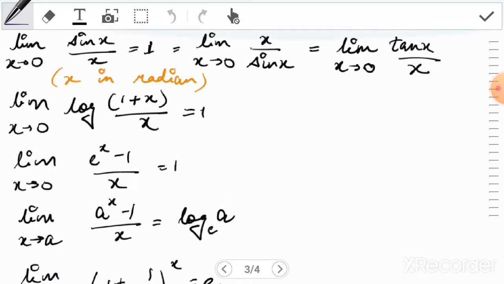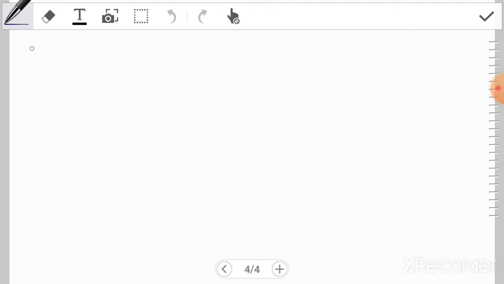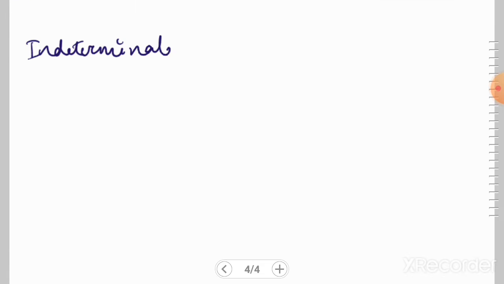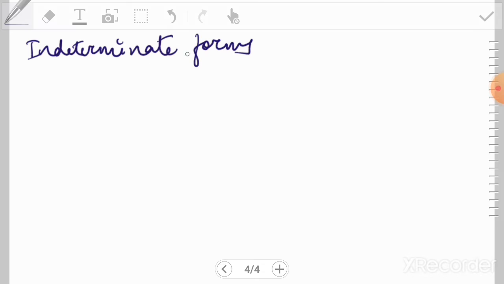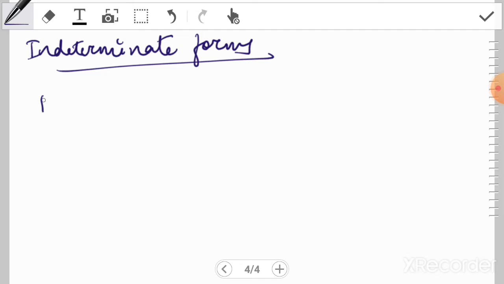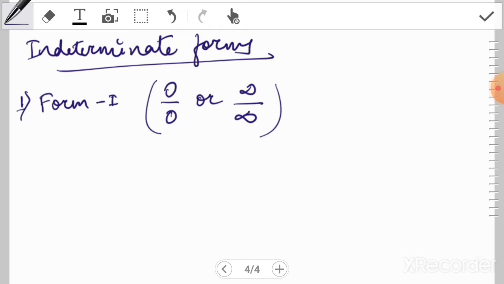Okay. So next is indeterminate forms. Indeterminate form 1: if it is 0 by 0 or infinity by infinity form.